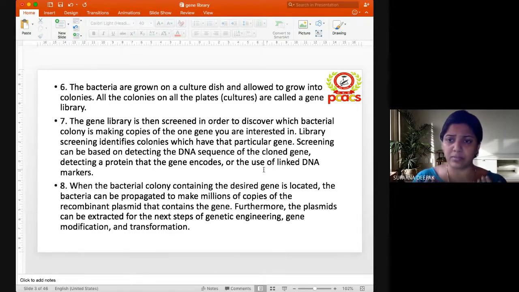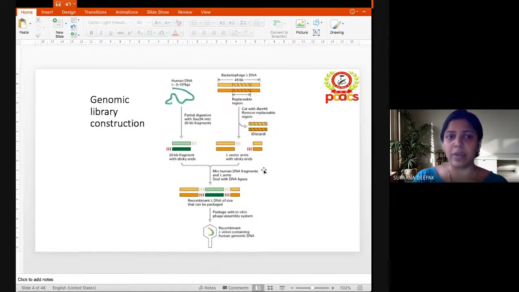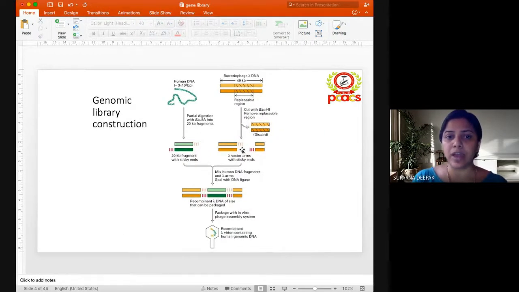You can extract out the plasmid containing your gene of interest, and then extract out the gene and use it for your further genetic engineering, genetic modification or transformation, any kind of experiments. So this is what I have just explained to you. You have your human DNA.